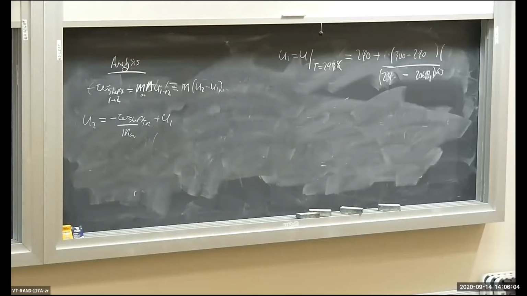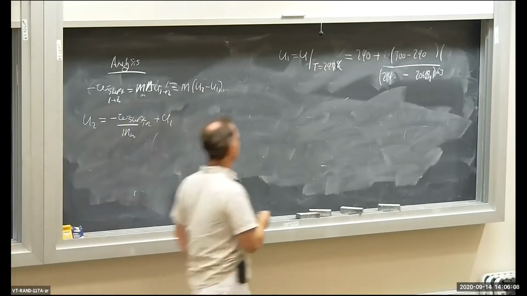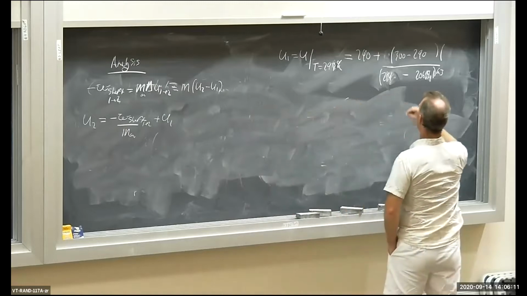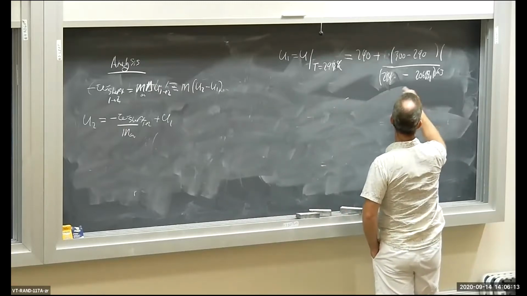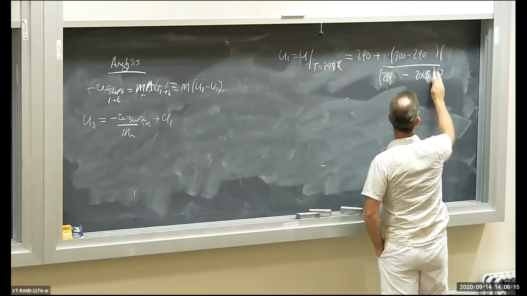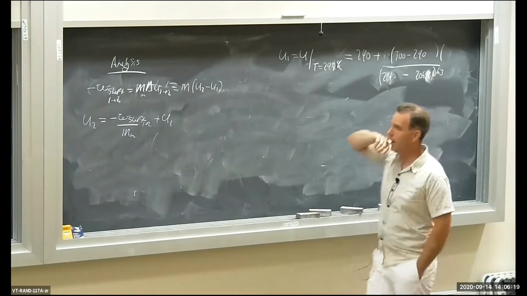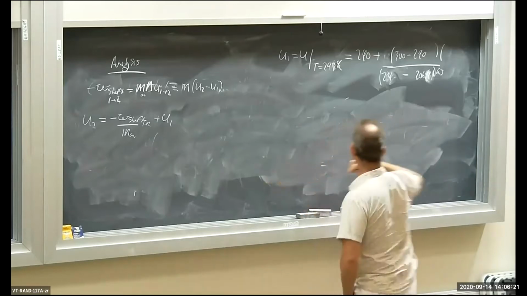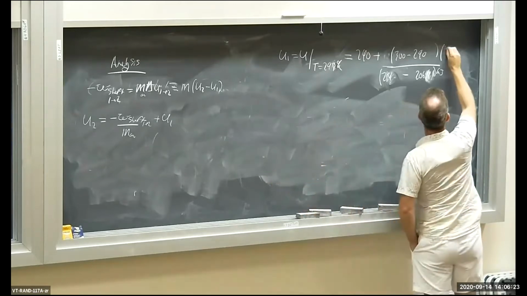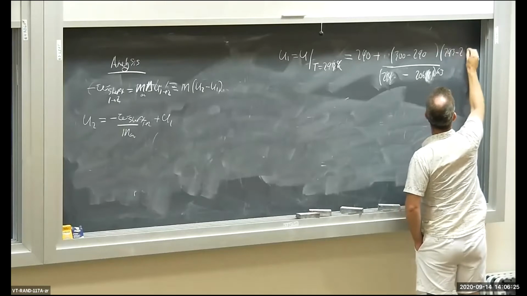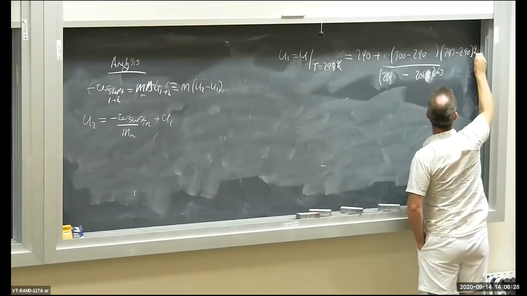So 290 plus delta temperature over delta U, and 293 minus 290 degrees Kelvin.